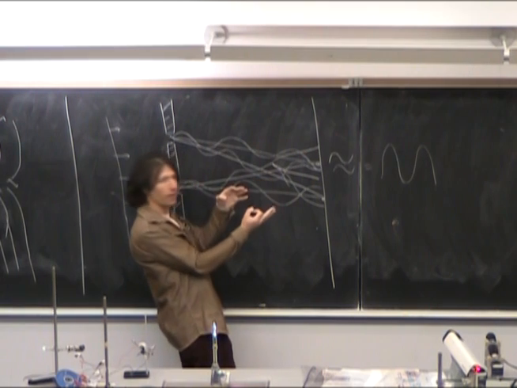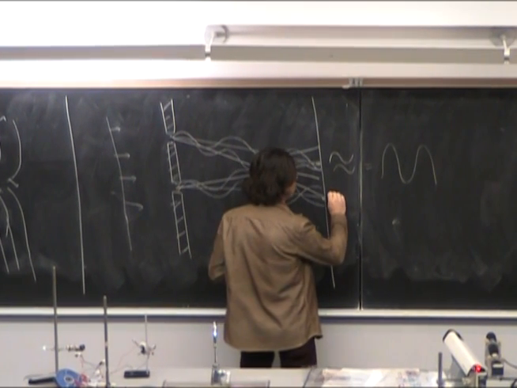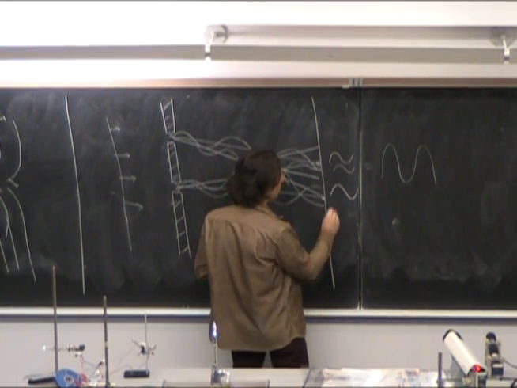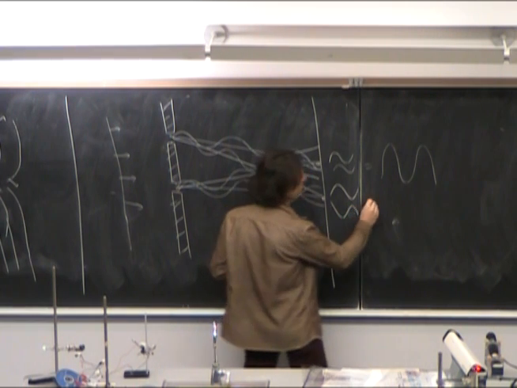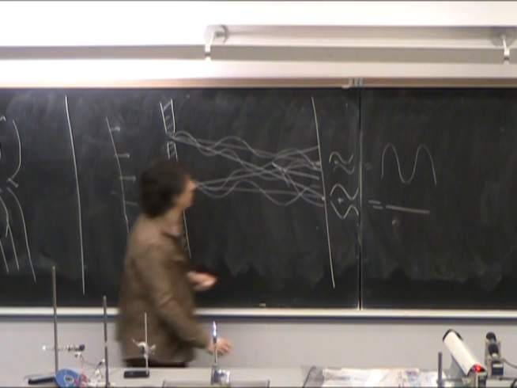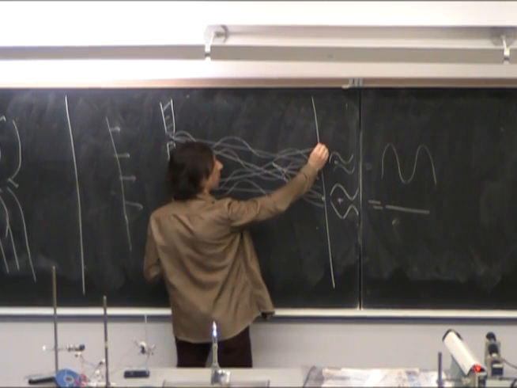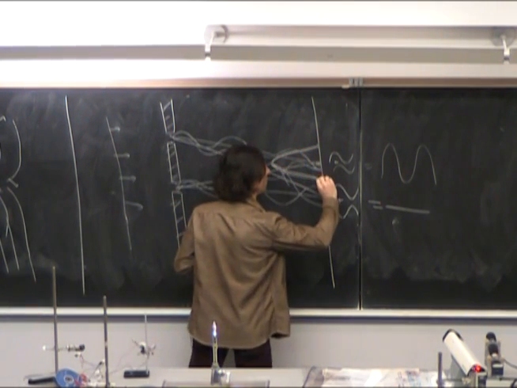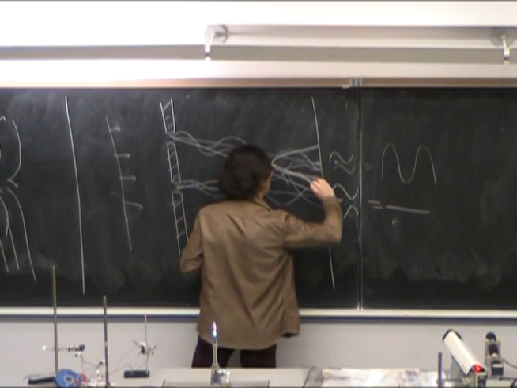So then they are mismatched by half a wavelength. And so one of them comes in like this, and another one comes in like this. They add up to nothing. So somewhere here, on the side of the maximum, I should have a minimum.